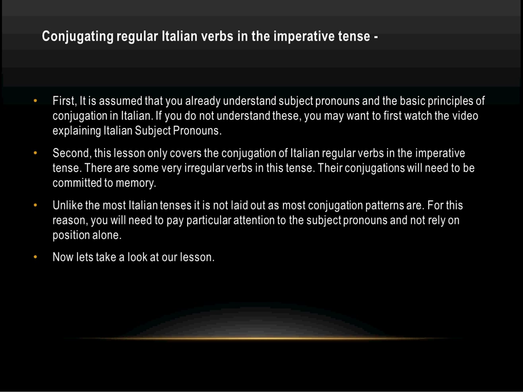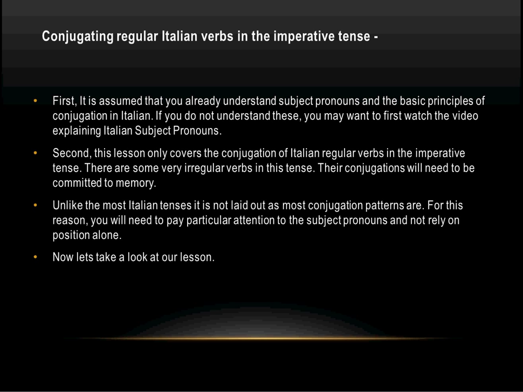Secondly, this lesson only covers the conjugation of Italian regular verbs in the imperative tense. There are some very irregular verbs in this tense, and their conjugations will need to be committed to memory as well. So you'll find those in the rest of the lesson that's contained in Il Tavolo Italiano, but not in this video.